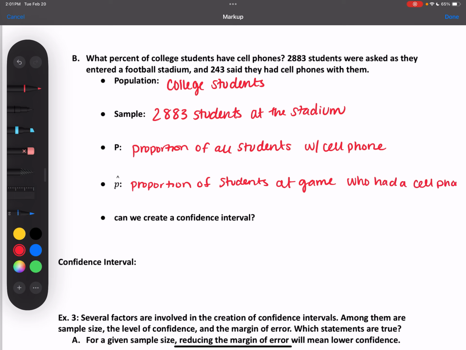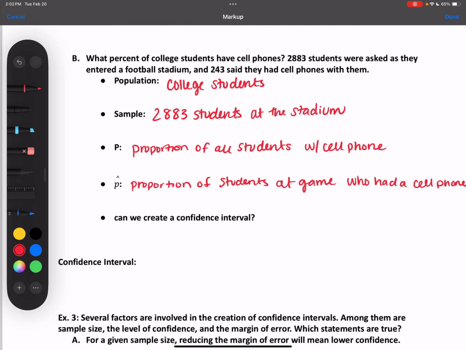And at this point, we would probably want to go ahead and find what that percentage is, because it wasn't given to us. In the last one, they told us 3% expressed dissatisfaction, but this one we don't have any kind of number. So we would want to find that before we go down to do our confidence interval.